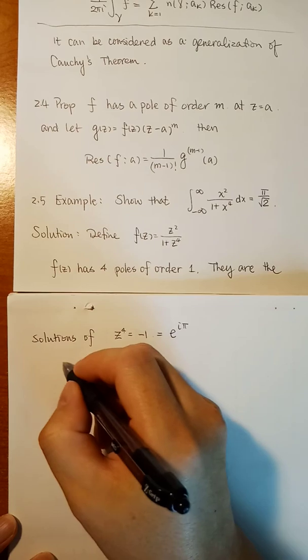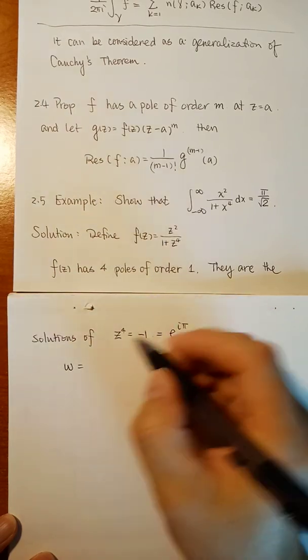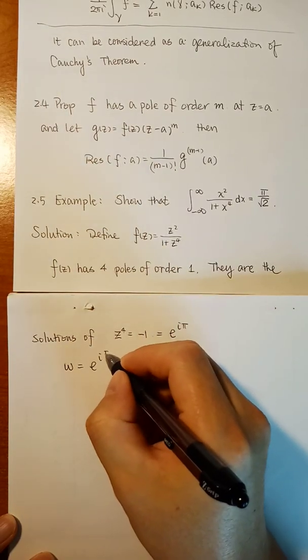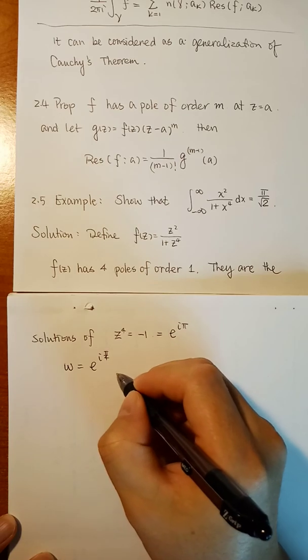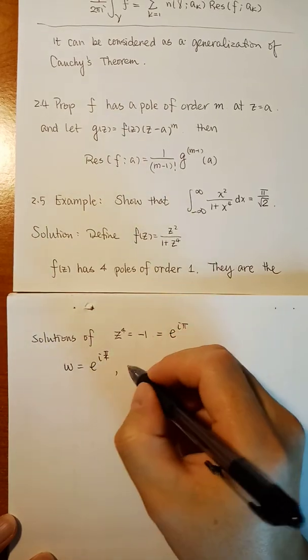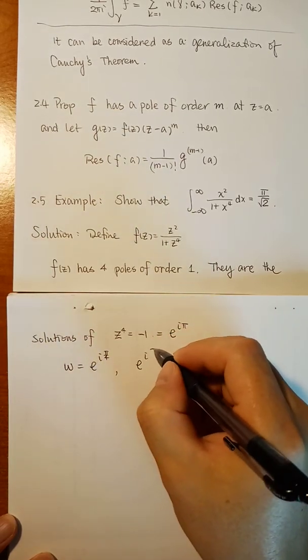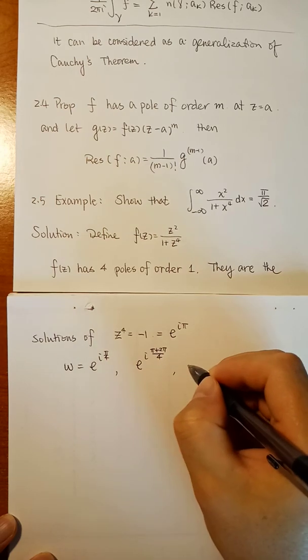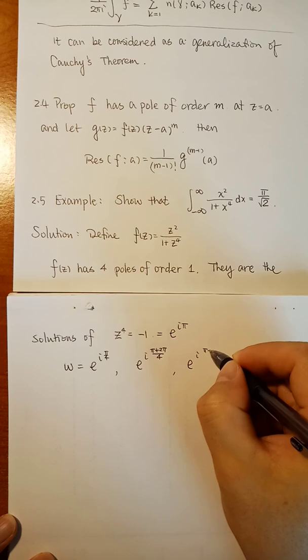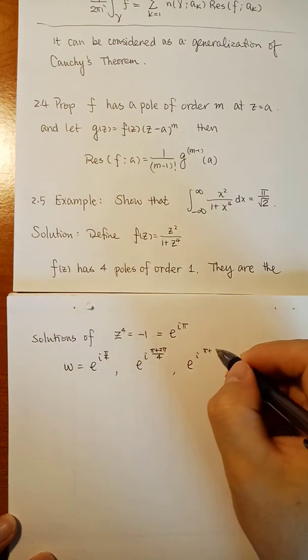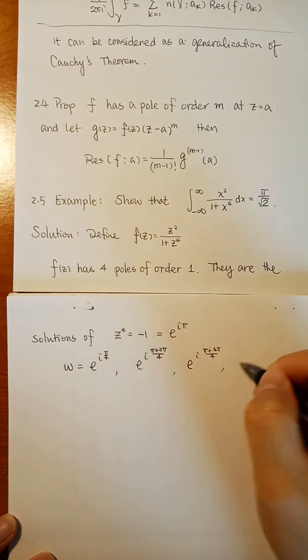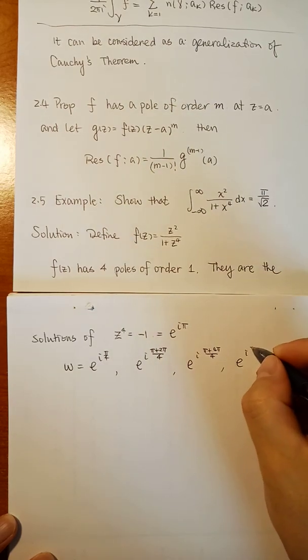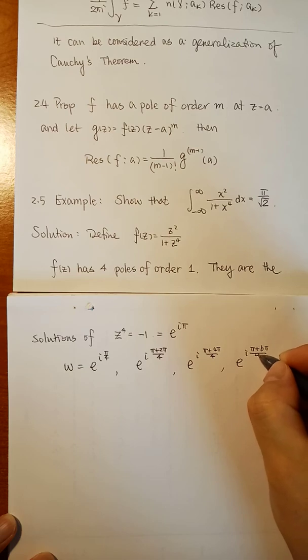When we take the 4th root, it will be e to the i pi over 4, or e to the i (pi plus 2 pi) over 4, e to the i (pi plus 4 pi) over 4, and e to the i (pi plus 6 pi) over 4.